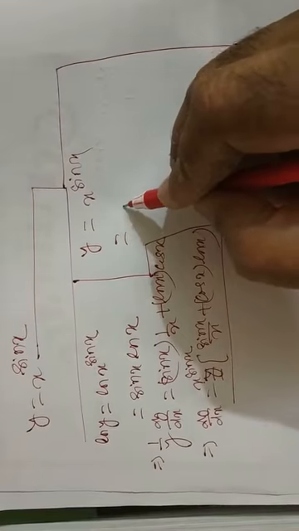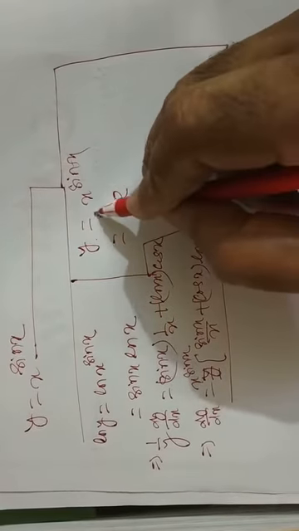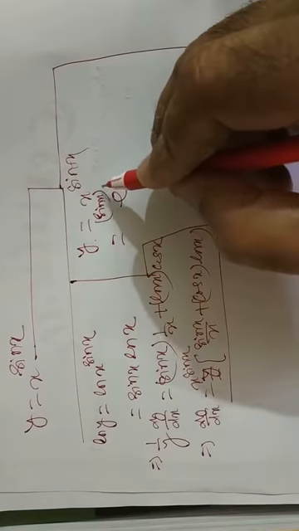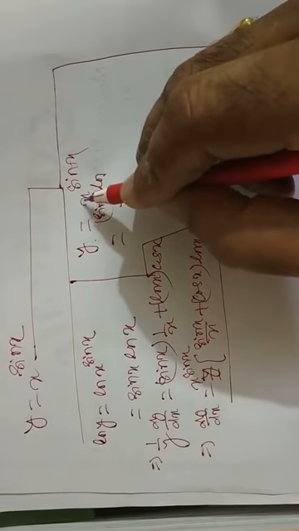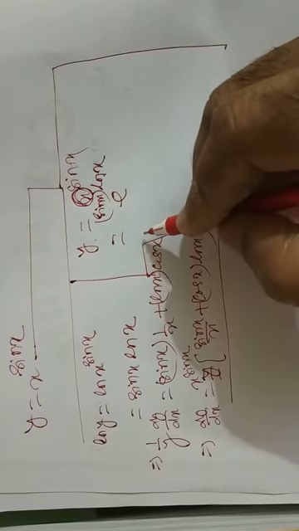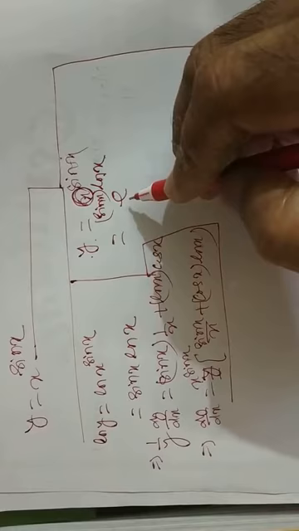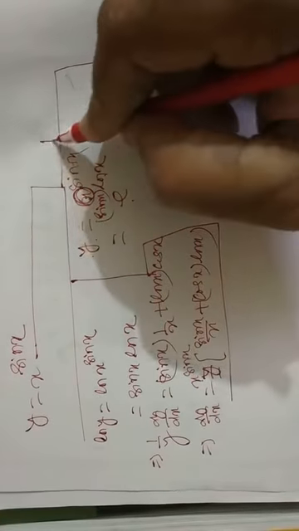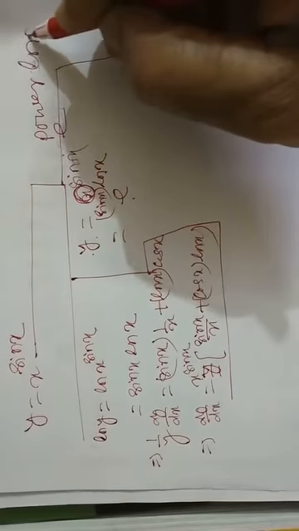This is e to the power... What did I say? The power will come to the left, sin x into log with base x. So y equal to x to the power sin x is the same as e to the power sin x log x.